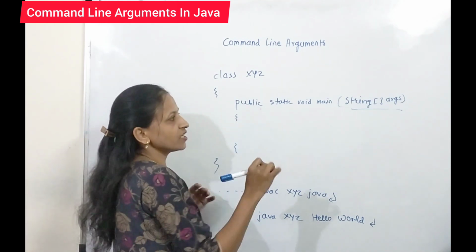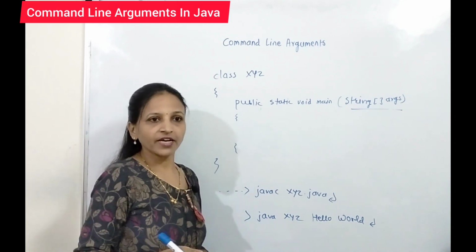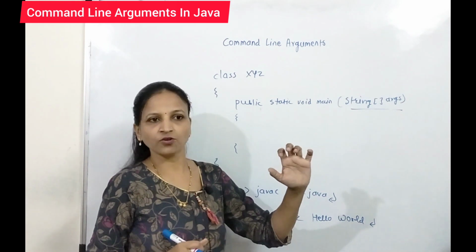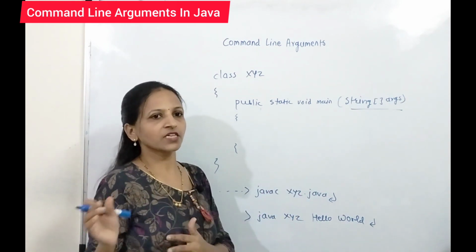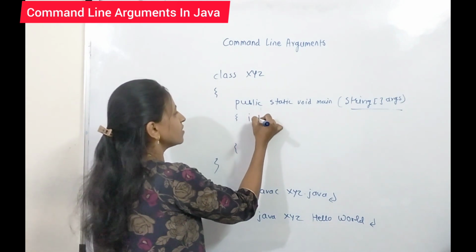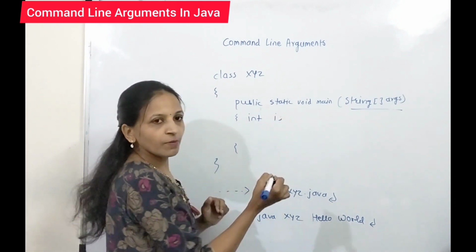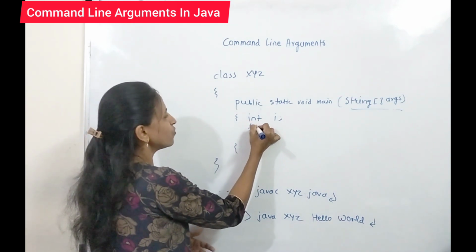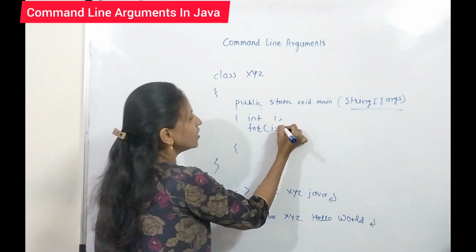First I declare one integer variable to get the length of the args array, and all the elements from that array we will just display, or we can declare one variable i for counter purposes.